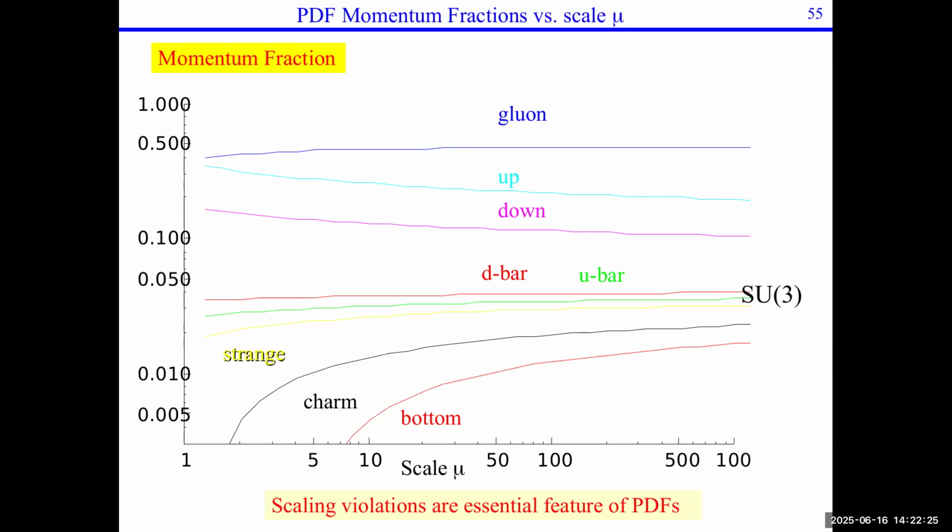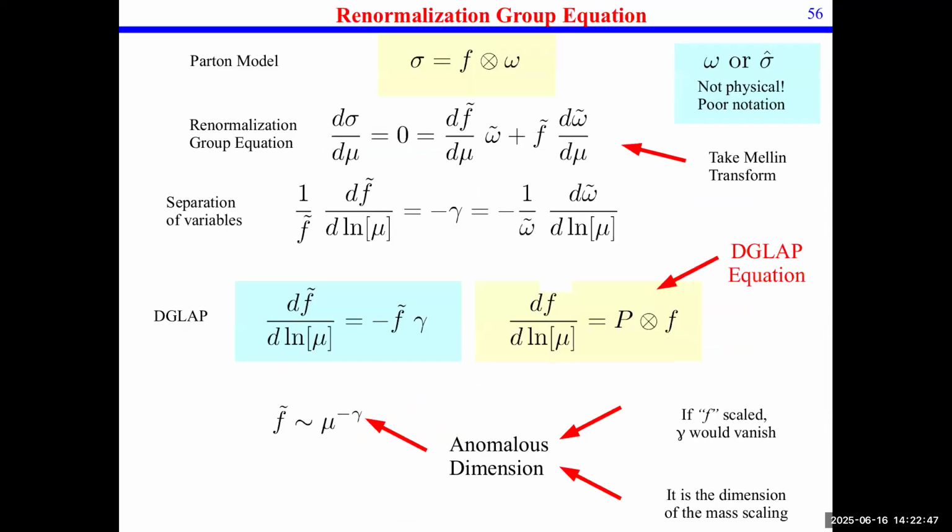The strange is down a little bit. And then I've got charm and bottom that come on. And if I go up to high energy, maybe you can imagine I've got an SU(3) symmetry or not quite. And maybe if I go to huge scales, I can get SU(4) or SU(5) symmetry. And we'll calculate this on Thursday with the Python stuff.